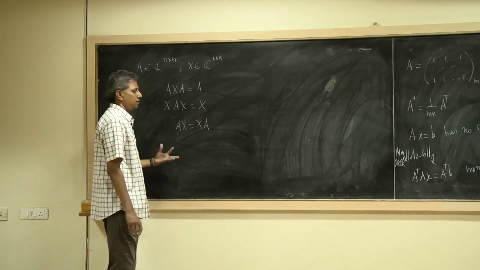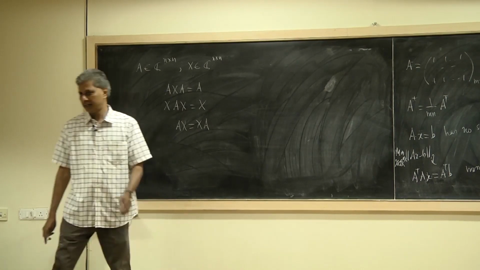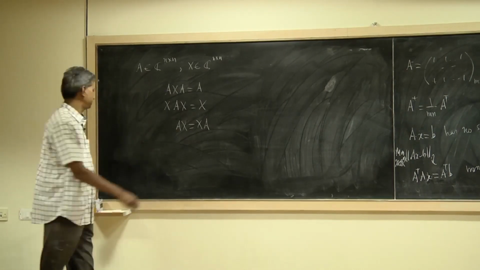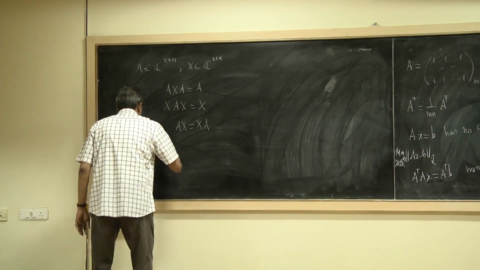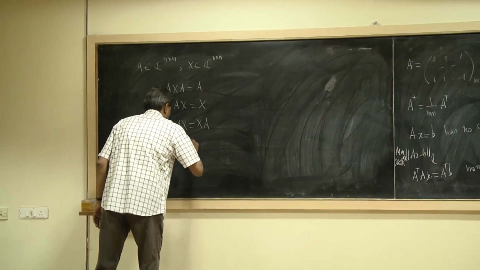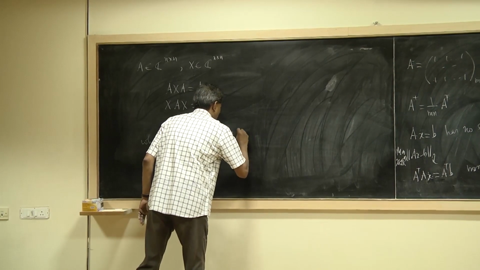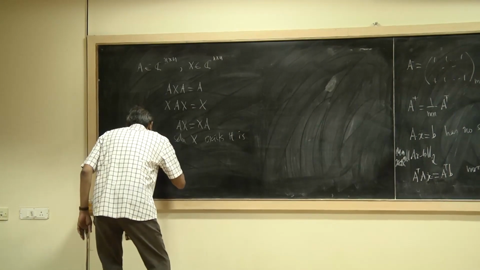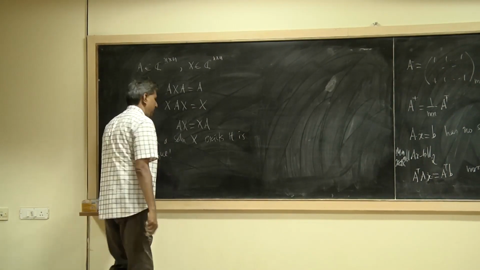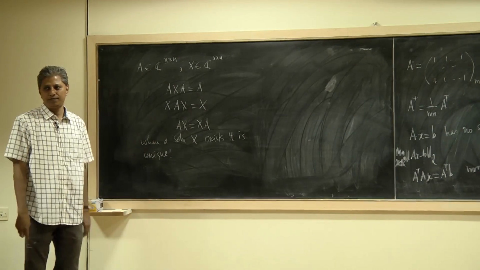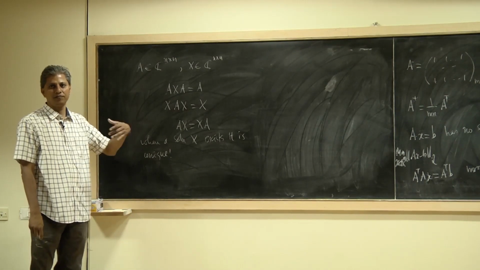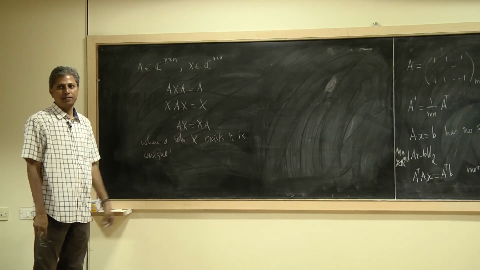Now these equations, when a solution X exists, it is unique. I am not going to prove it, but they may not have a solution. The Moore-Penrose inverse always exists. It comes from the singular value decomposition.